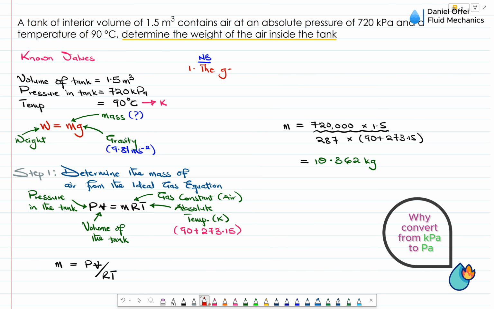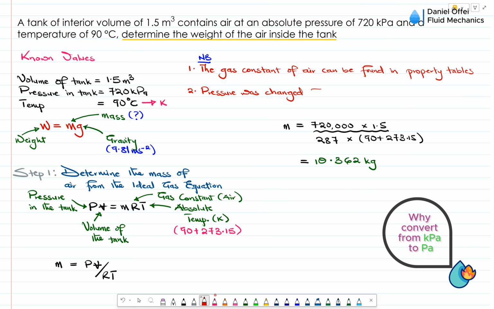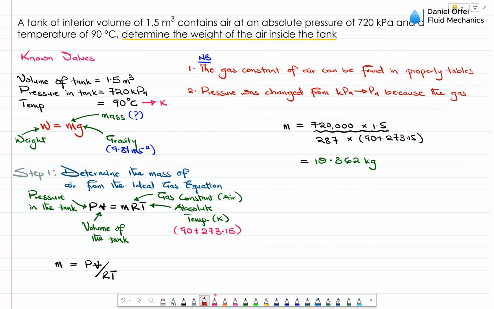So we can get the gas constant of air from property tables, and these tables are usually found at the back of most textbooks. Also, we change the pressure from kilopascal to pascal because the gas constant that we used was given in joule per kilogram per Kelvin, not in kilojoule per kilogram per Kelvin.